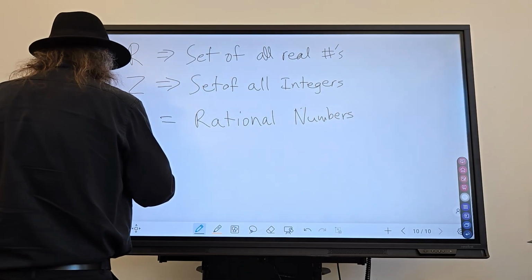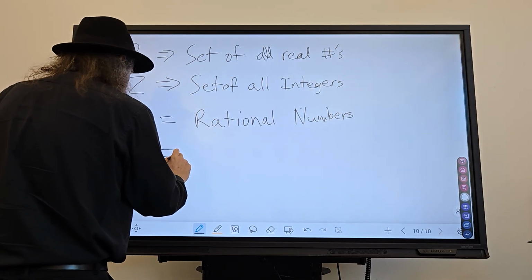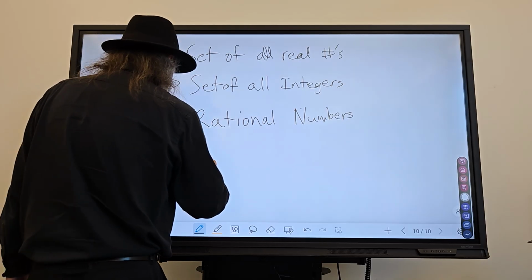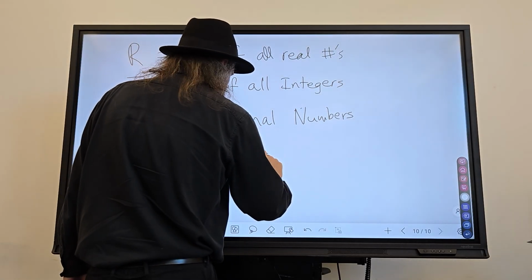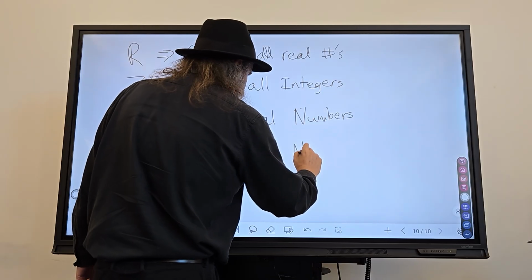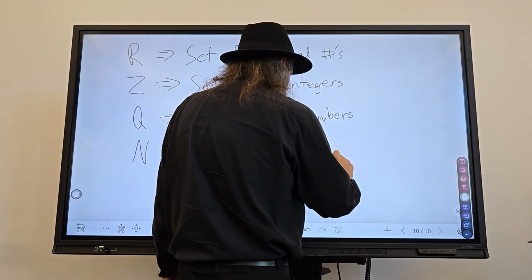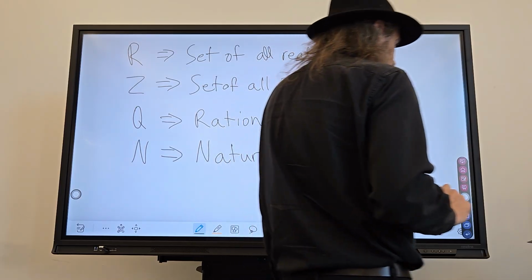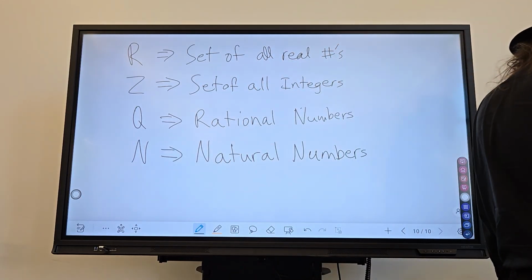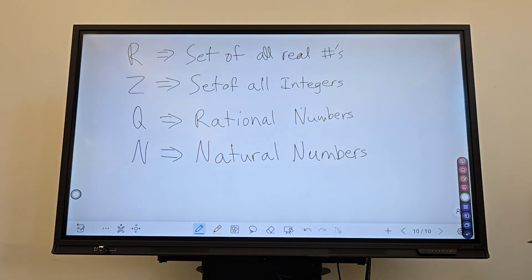And N, natural numbers. Now, where they get the Z from for integers, I'm not sure.